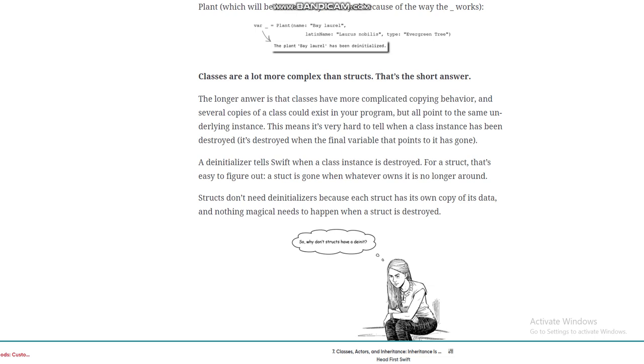This means it's very hard to tell when a class instance has been destroyed. And the deinitializer tells Swift when a class instance is destroyed, right? For structs, that's easy to figure out, as a struct is gone when whatever owns it is no longer around. So remember that structs don't need a deinitializer because you don't copy the data, so you are not using memory references. That's the point.